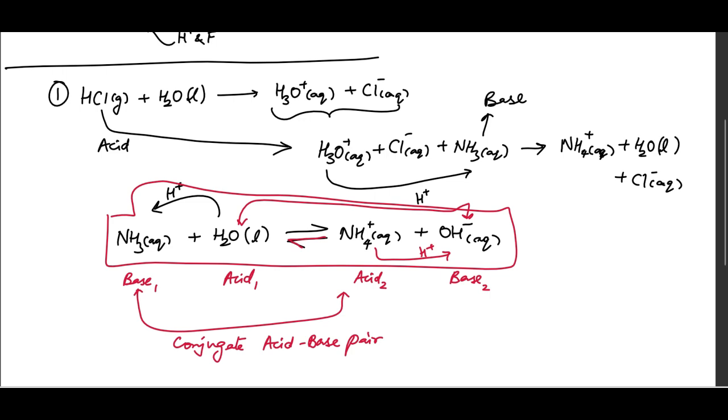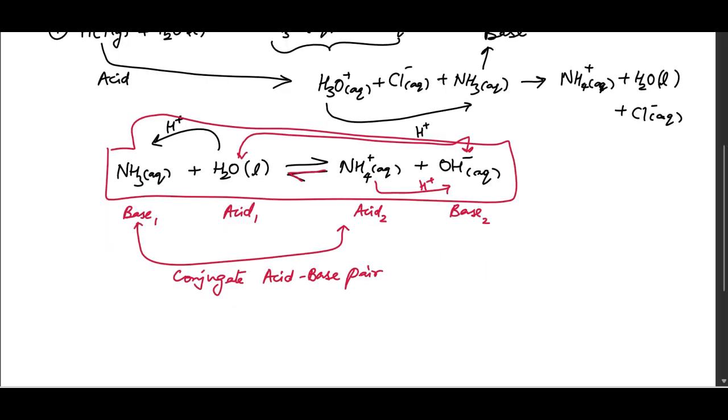So if we are talking about an acid, we can understand it in the form of the HCl reaction also. For an acid, I will write it here, conjugate acid base pair. Because in the HCl case we cannot consider conjugate acid base directly because it is not reversible, we will take up this example only. So for an acid, what is the acid in this case on the left side? H2O. Okay.